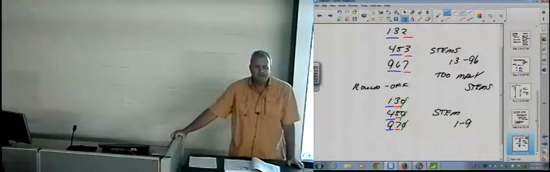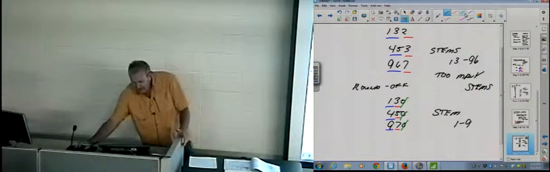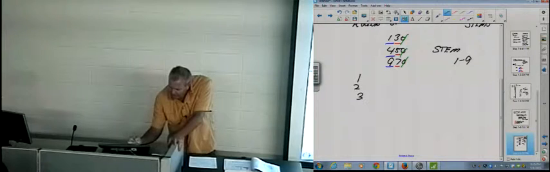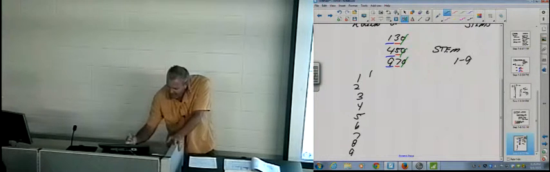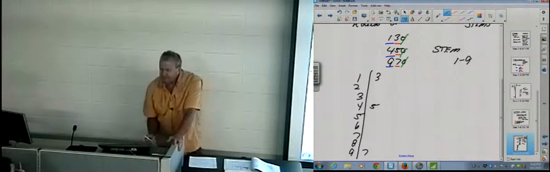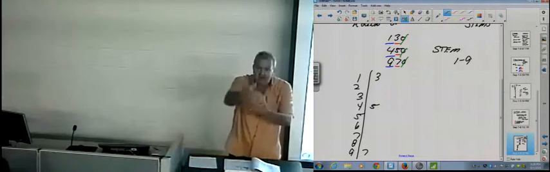Better. Now, here's the catch. I make the stem plot just like I would have made it before. I'd write my stems down. I'd put my little leaves on there. Obviously, there's 17 pieces of data that I ignored that would fit in here somewhere.